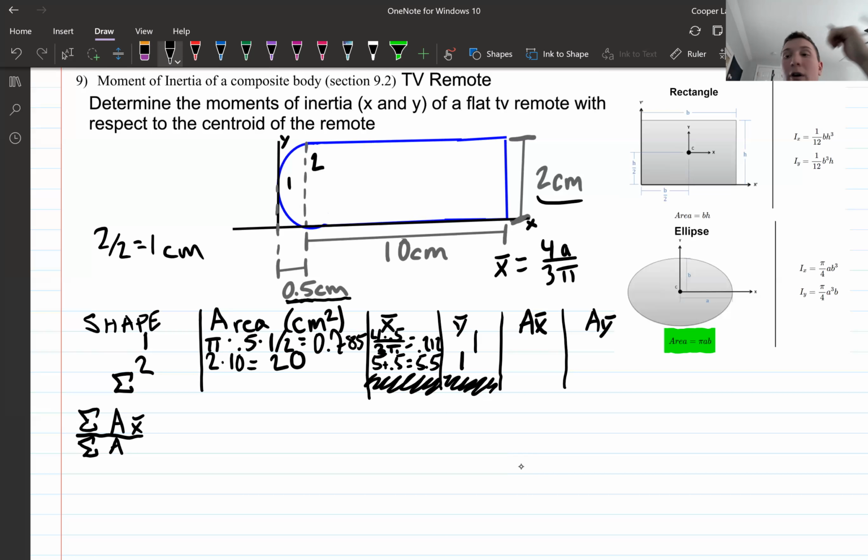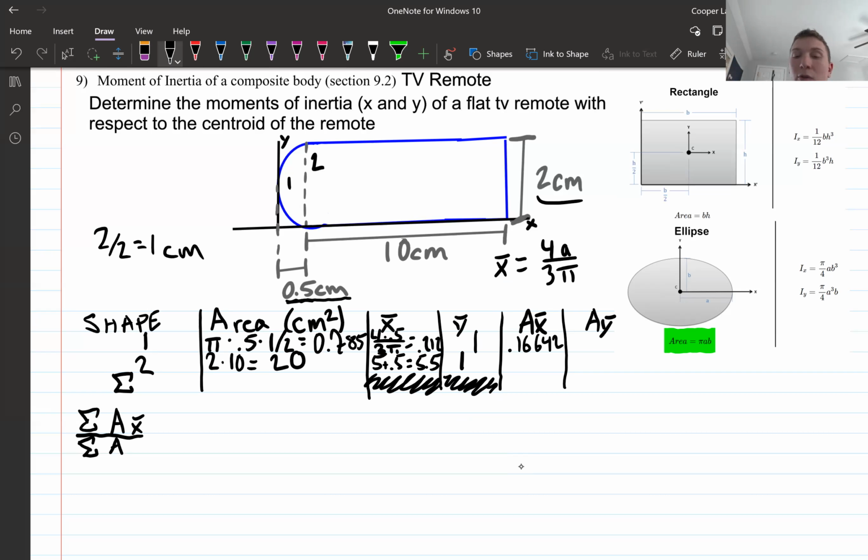Now we're going to work on our A times x values. If I take my 0.785 and multiply it by my 0.212, I get 0.16642. Now I'll do the same thing for my rectangle.